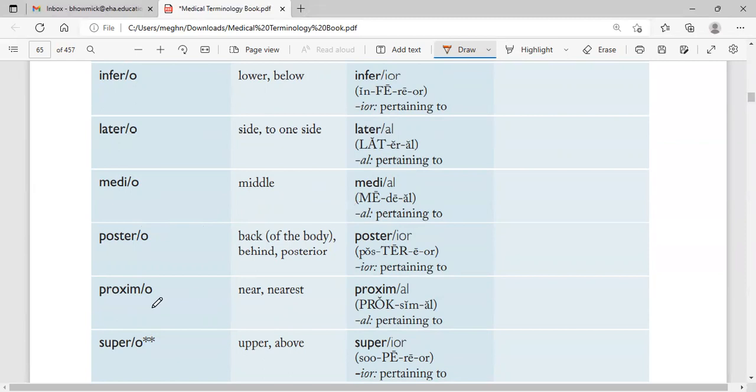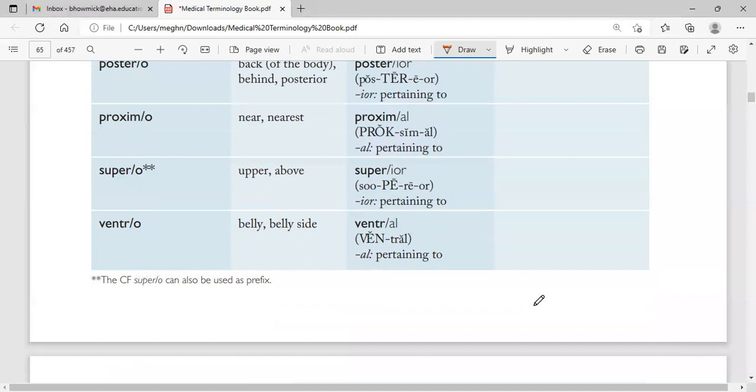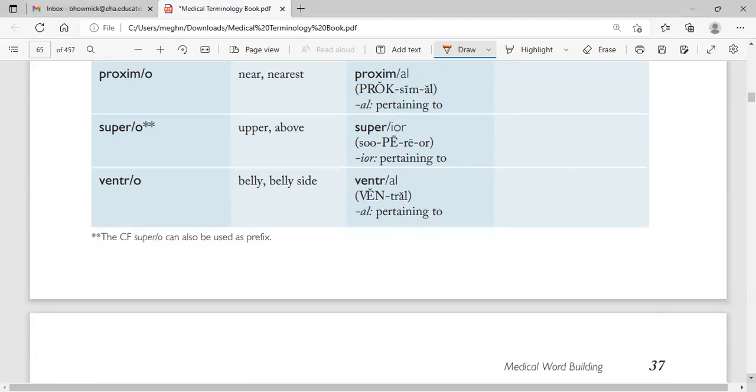Proximal means near, proximal, right? Superior means upper or above, like superior extremities. Then ventral means belly side, ventral organ.